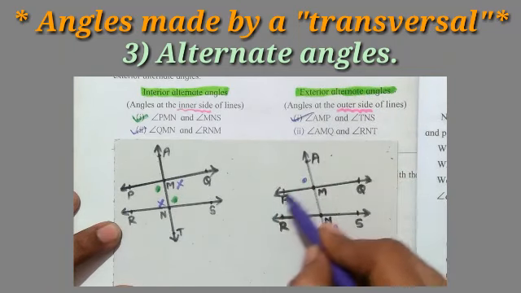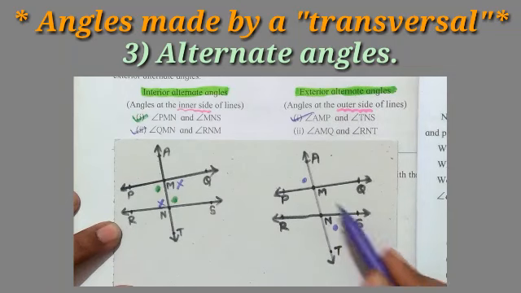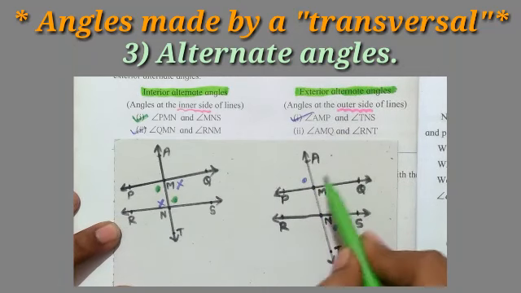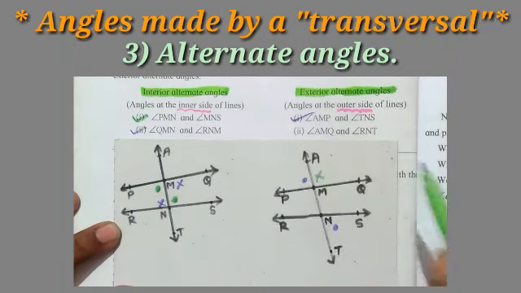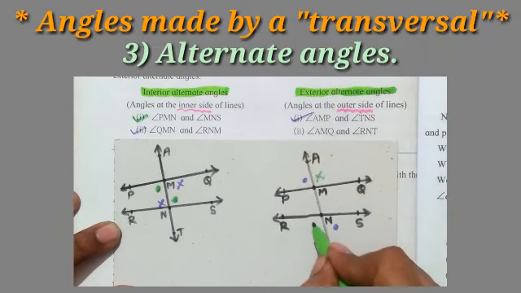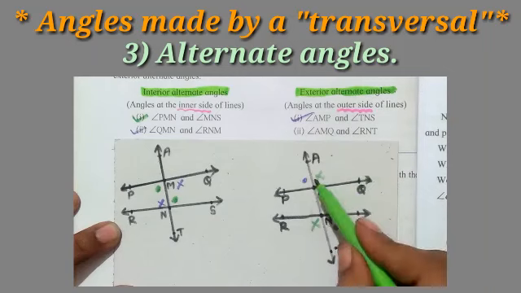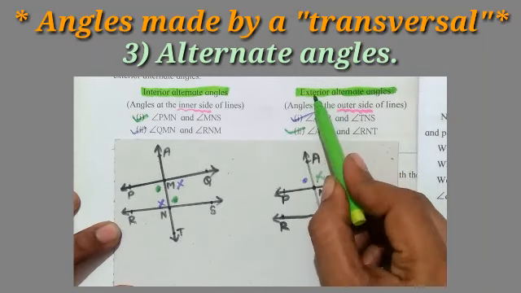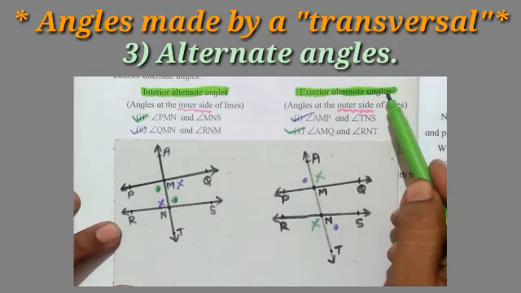So AMP and TNS is the first pair of the exterior alternate angles, and angle AMQ, this one, and angle RNT is the second pair of the exterior alternate angles.